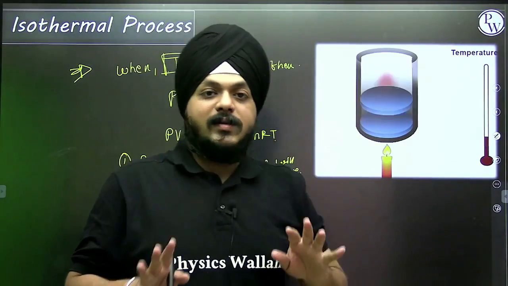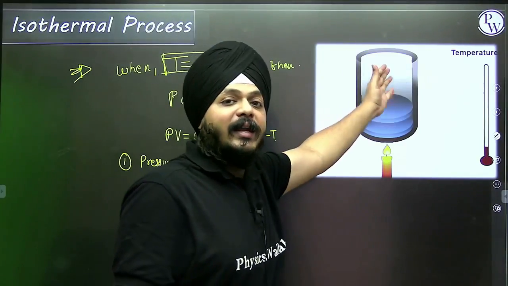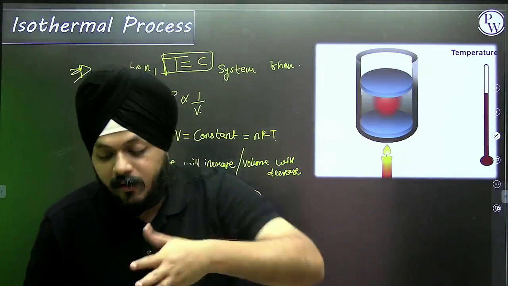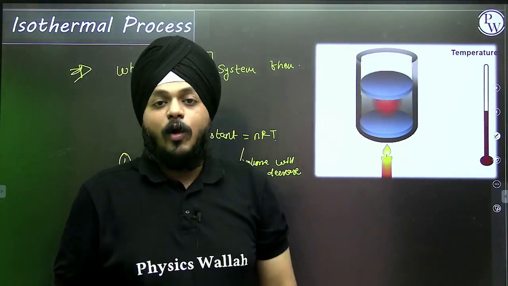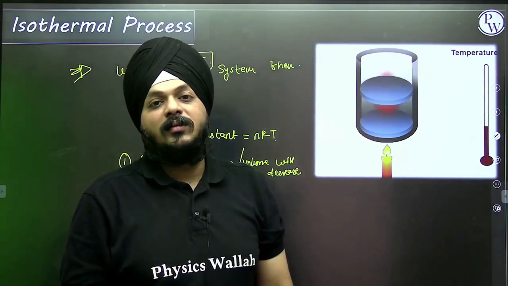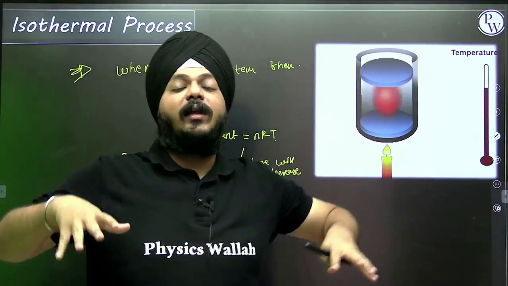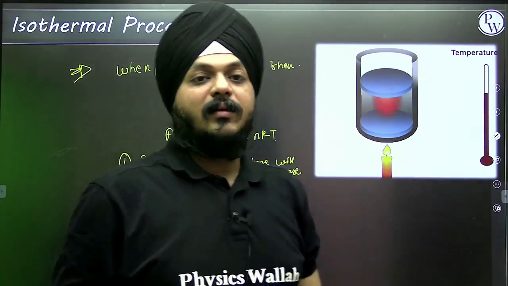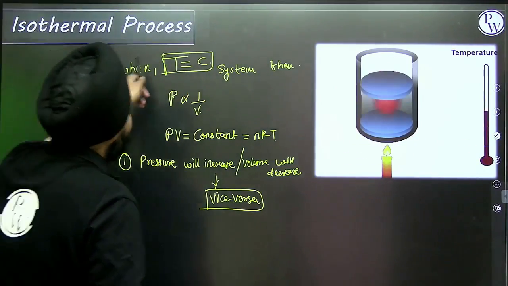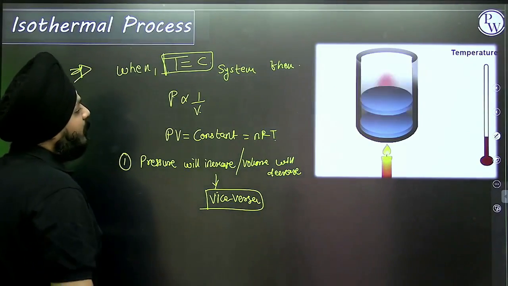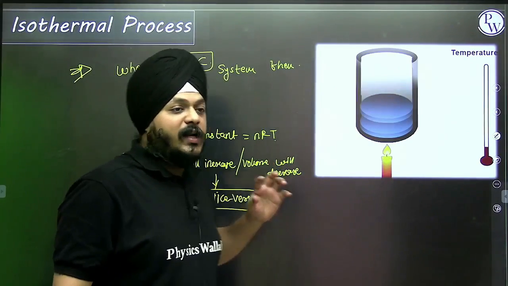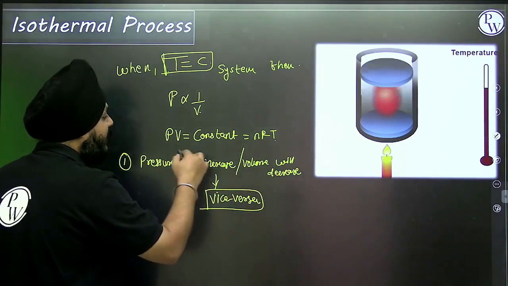There is always heat supply: either heat is supplied from an external source to the system, or heat is released. So in that case, what is the surrounding temperature? If the temperature of the system is kept constant, the variation in pressure and volume is measured this way.